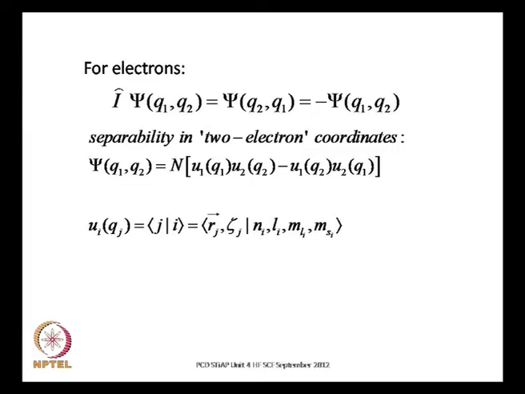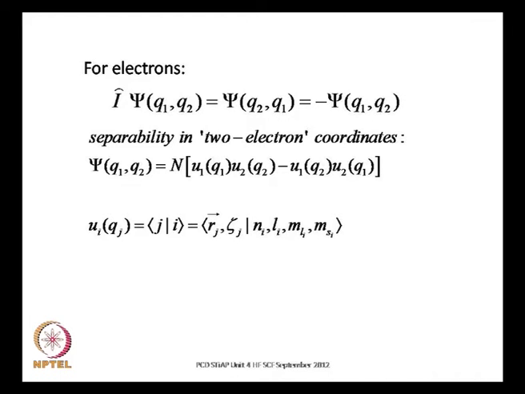So, this is an antisymmetric 2 electron wave function, and it is written in terms of the 1 electron wave function, and I have written this 1 electron wave function more fully because the wave function is the coordinate representation of the state vector. This is the coordinate representation of the state vector in the Dirac notation, which the wave function is.